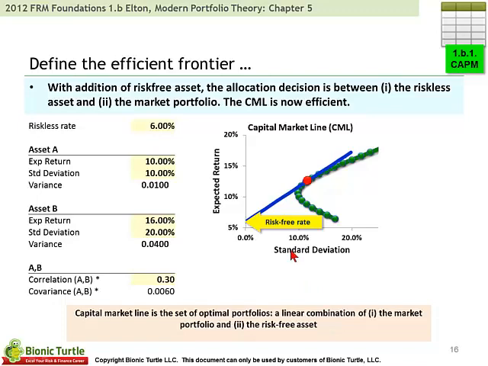So the key idea here is it's a linear combination, or if you like, an asset allocation between only two things, right? Only two things. It's not a mix of different assets. Here in green are combinations of risky assets. But among these combinations in green, the market portfolio here in red, capital M, is most efficient, highest Sharpe ratio. So that's the point of tangency.